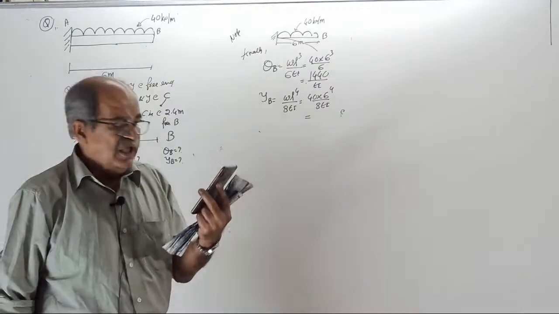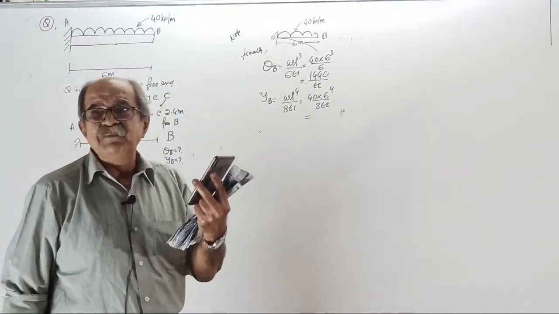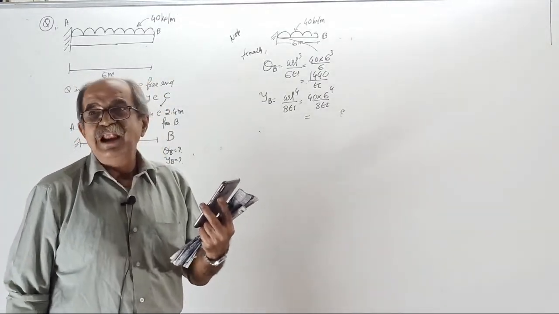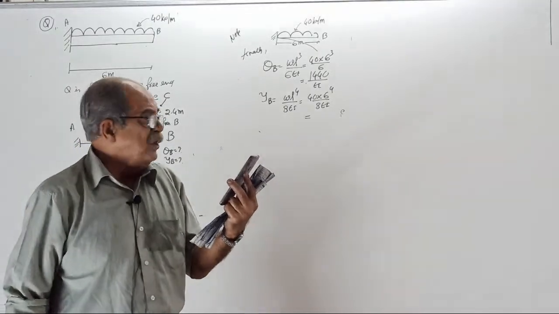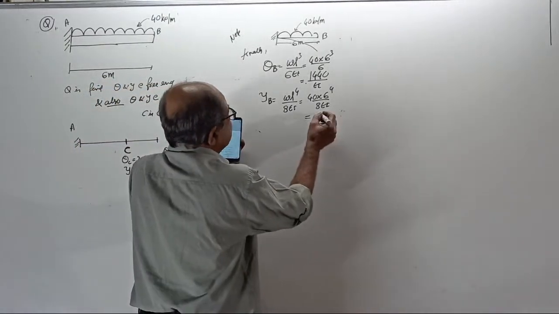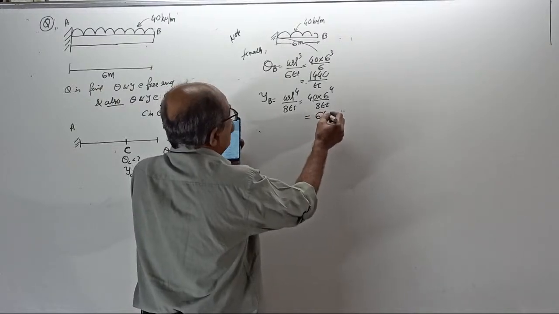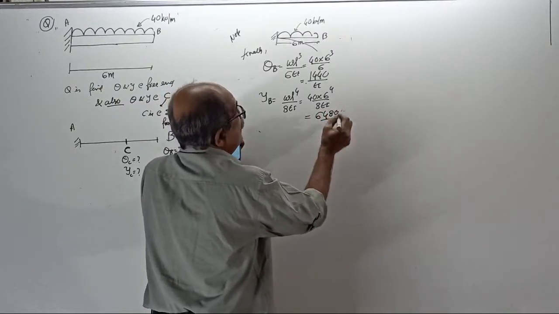Fast. Now see, I am risking my reputation by telling the answer in the beginning. If I don't tell the answer, what can I do? I can escape later. 6480 by EI.